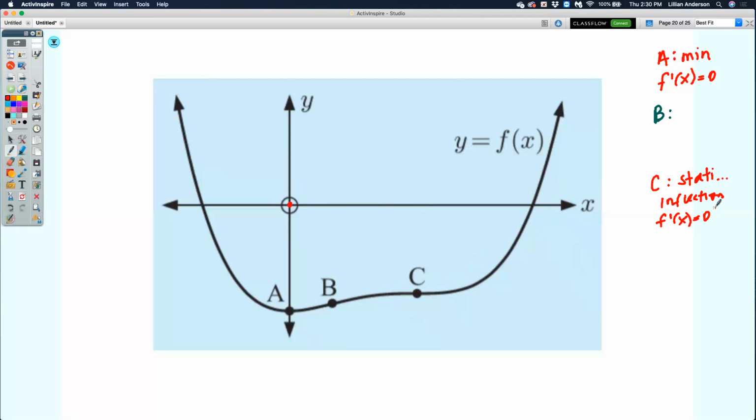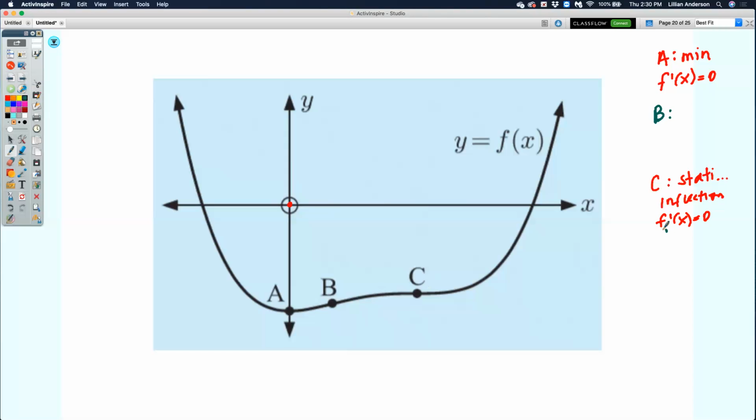But at C, and we'll go back to B and address that as well, when you look at point C, before C and after C, how would you describe its curvature? Concave down and concave up.